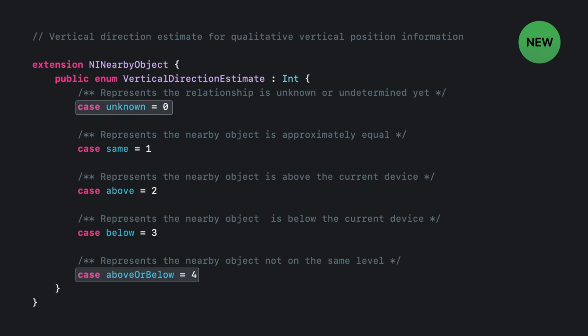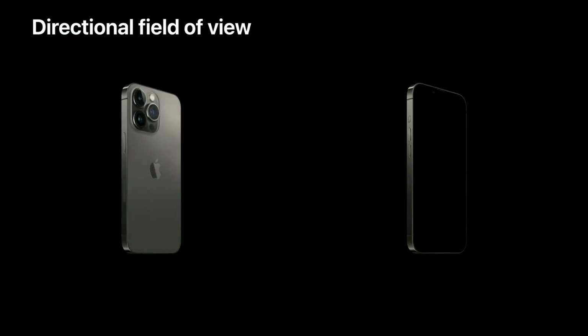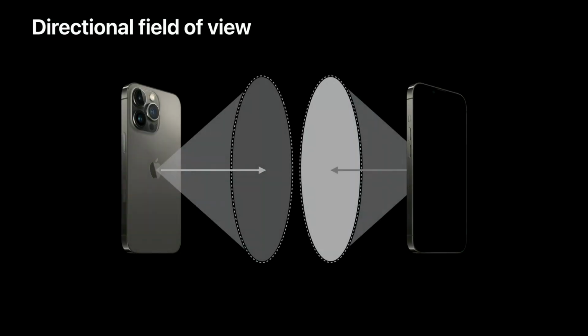The vertical relationship can be same, above, below, or a special above or below value that represents the nearby object is not on the same level, but not clearly above or below the device. The ultra-wideband measurements are subject to field of view and obstructions. The field of view for direction information corresponds to a cone projecting from the rear of the device.